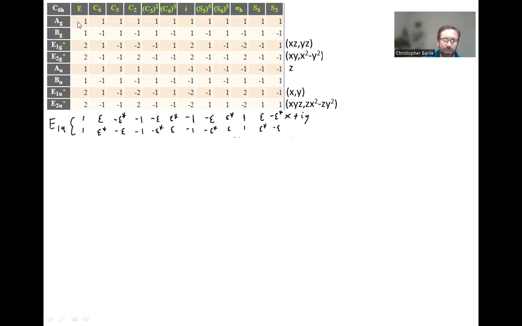And we want to do this because we're trying to get all of these Mulliken symbol irreducible representations to be broken up so that we have 12 ones down this column.